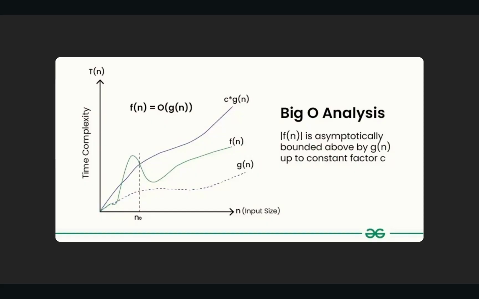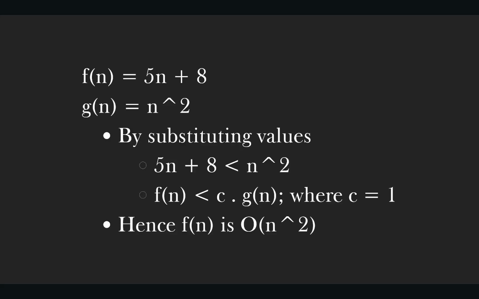So someone might argue we can take n squared as g(n) as well. Well, that's actually true as well. Not only n, but any other function that's greater than n can be used as g(n).